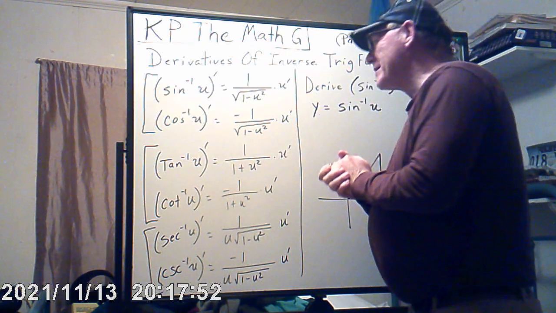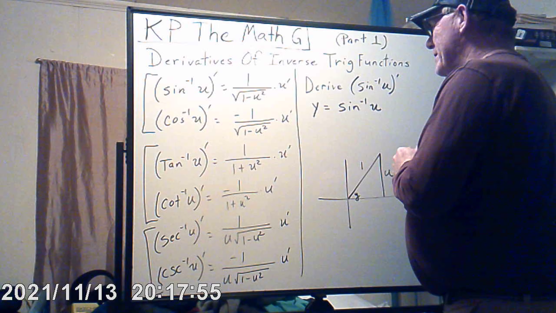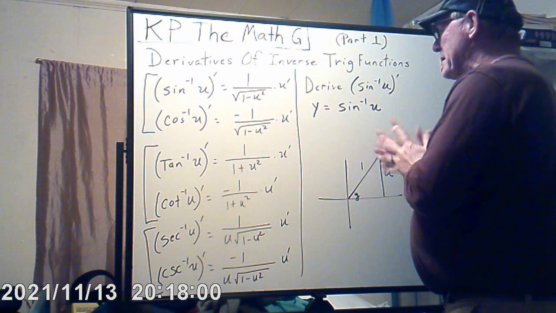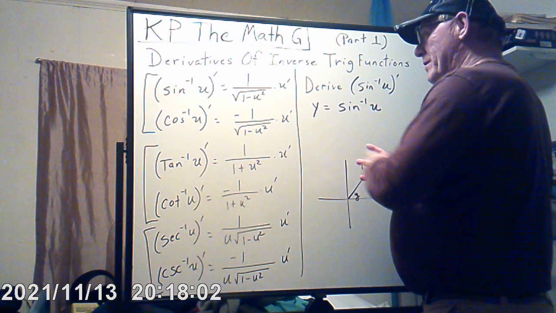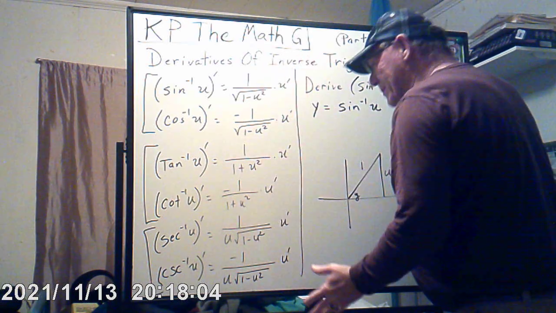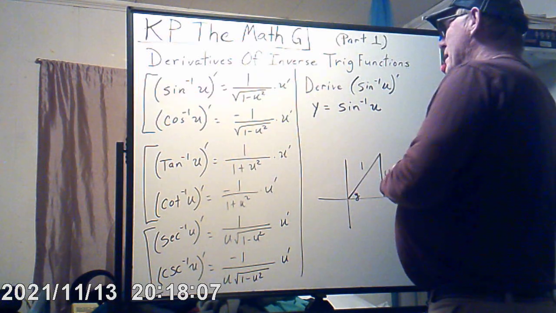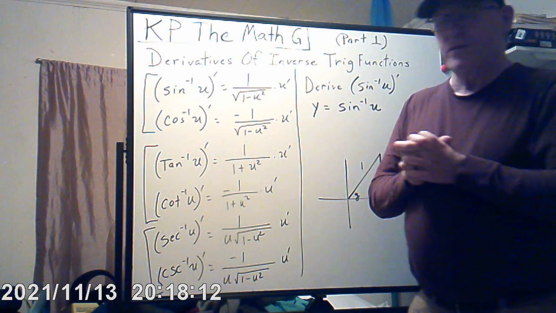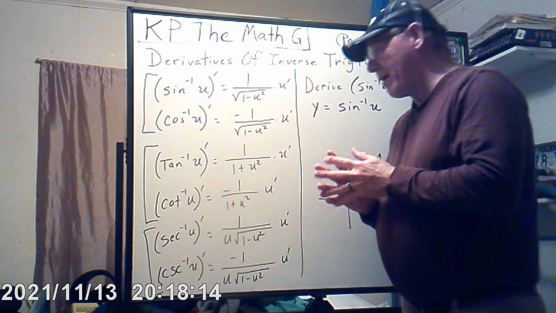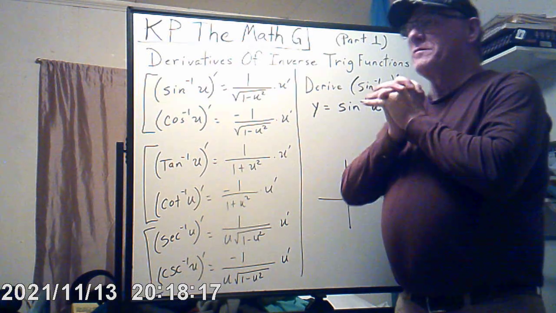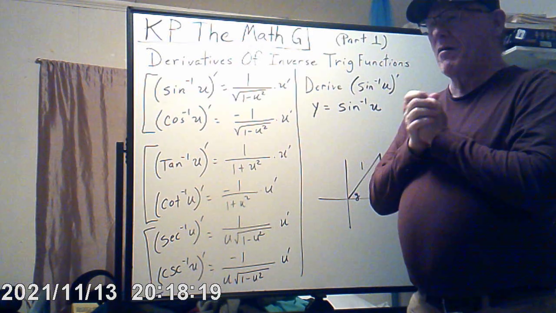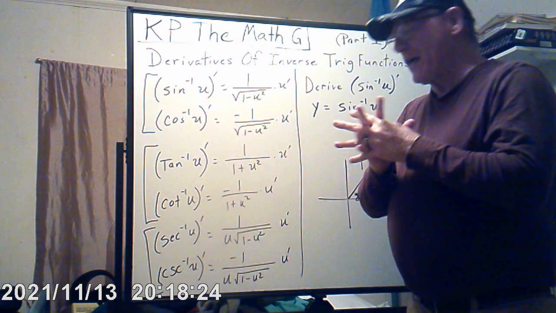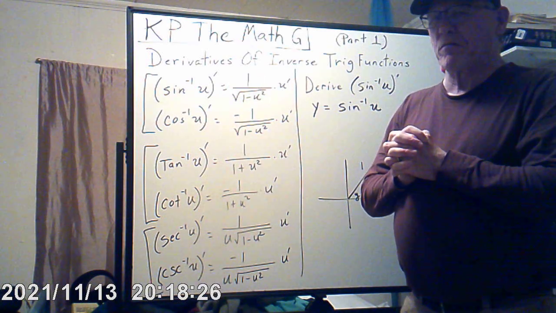Alright, we are talking about the derivatives of inverse trigonometric functions. This is part 1. Part 1 being that we are going to derive, not all of these, but 3 of the 6. And then on the next video, we will do some actual derivatives of these. Now, I do not know how many of these in the AP calculus there will really be.